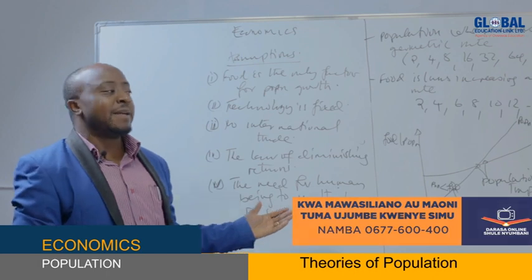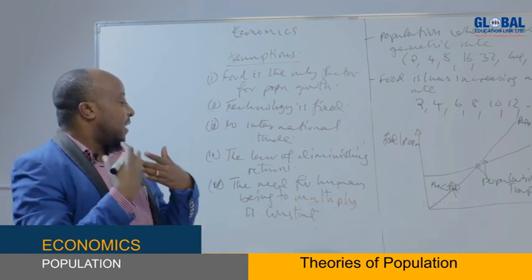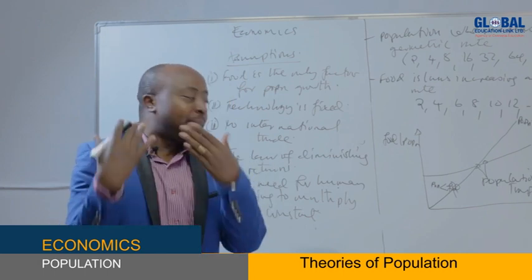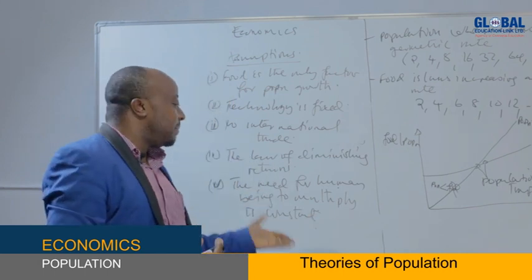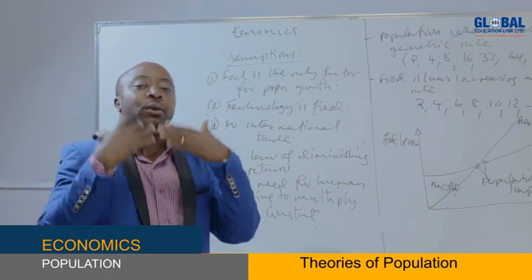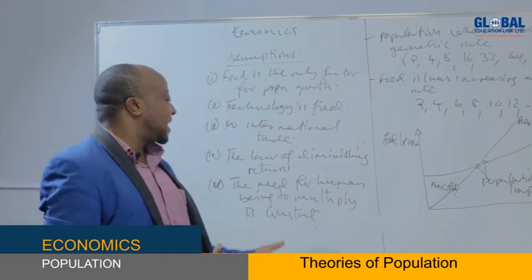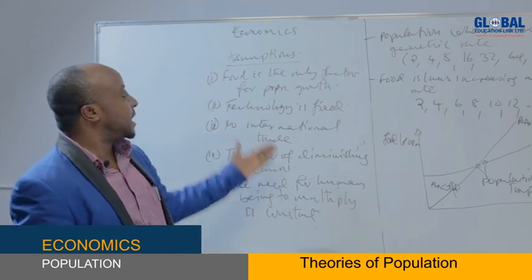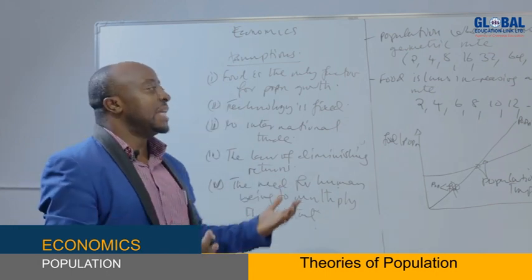What do we mean? It means the passion or the requirement for human beings to reproduce, to increase, to multiply, is constant. It means all human beings are there to reproduce, to increase, to multiply. That is the case of this assumption. So these are some of the assumptions which Malthus built to defend the theory.